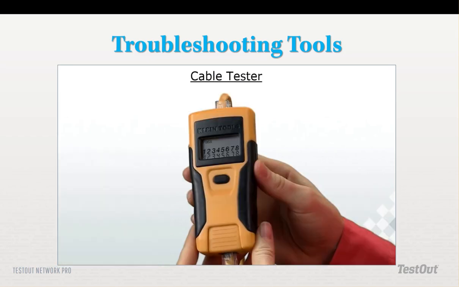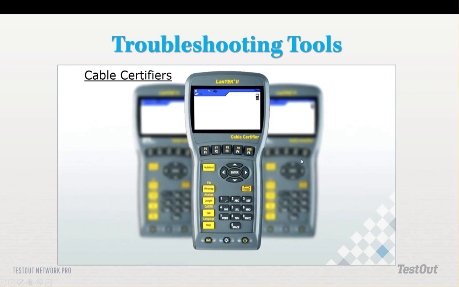Cable tester will actually tell you the pinouts of your cable. So you plug the 2 of them in, and you'll see that 1 goes to 1, 2 goes to 3. And if that's correct, this will be the way it is, and it will pass. If they're mismatched, you'll see that. This is a cable certifier that will tell you if or not your cable meets specific needs.